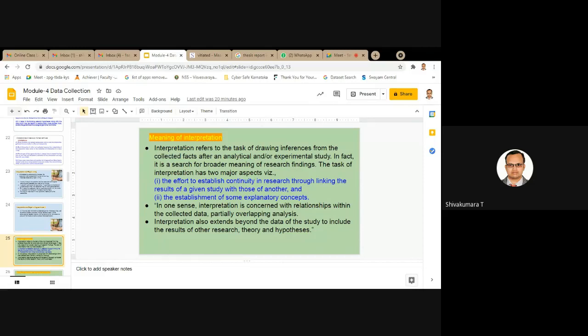For example, if we do research on student behavior patterns, one group of students are mild in nature, another group of students arrogant in nature. Some students may be both kinds of students.